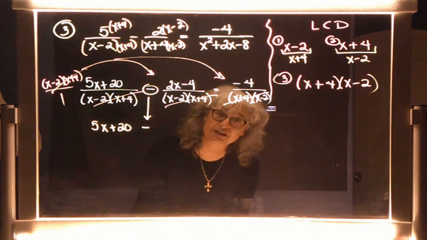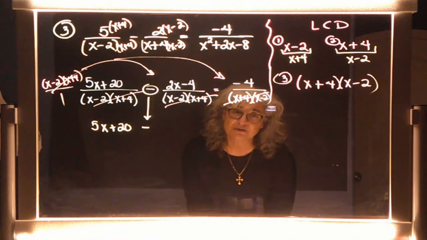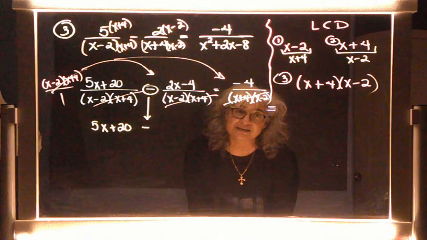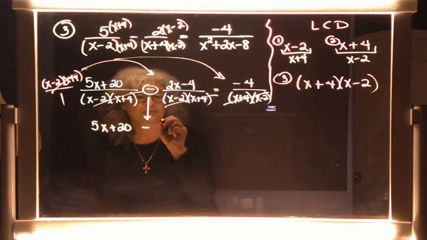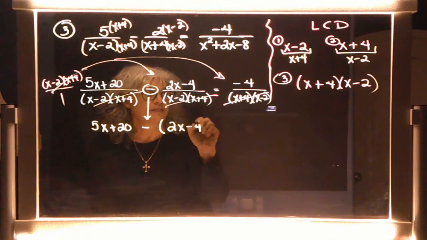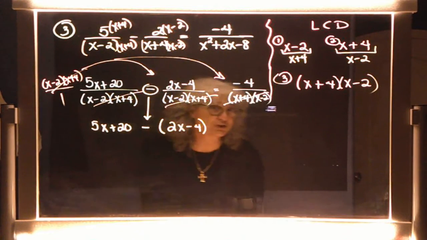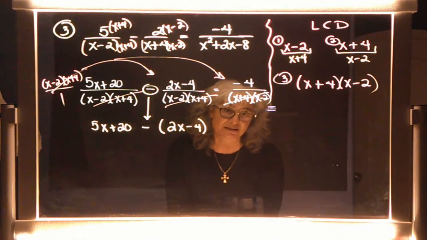And hopefully, if you've seen some of my other video lectures, you have to be careful about the minus sign. Because if there's more than one term following the minus sign, you're going to have to distribute that minus sign, aren't you? So my recommendation is to open up a parenthesis and write down what is supposed to follow the minus sign, so you remember that if it's more than one term, to distribute the minus sign.